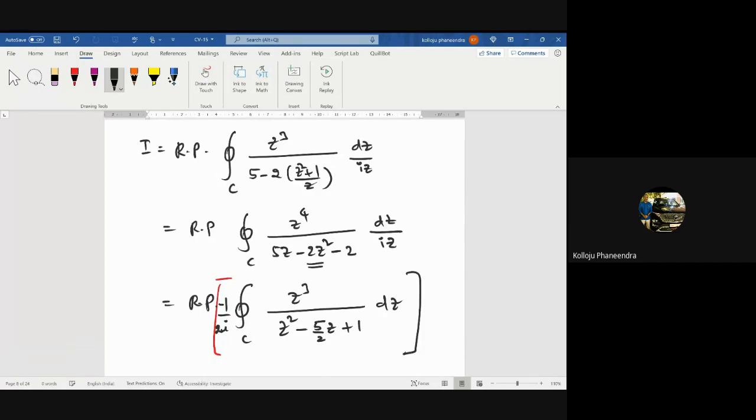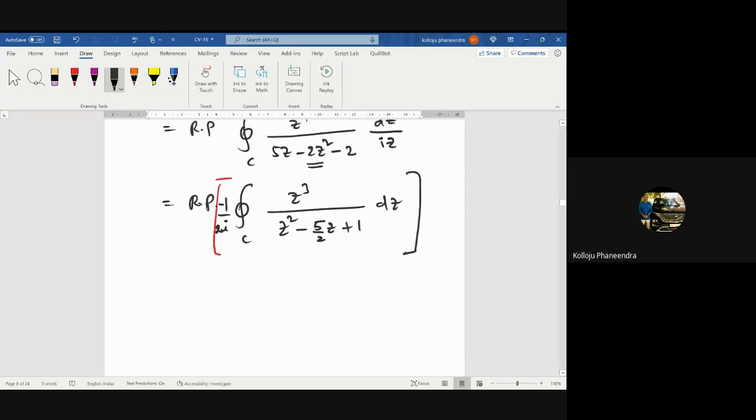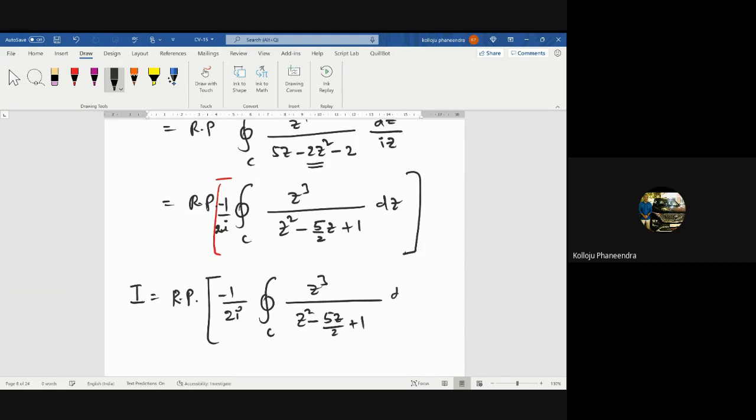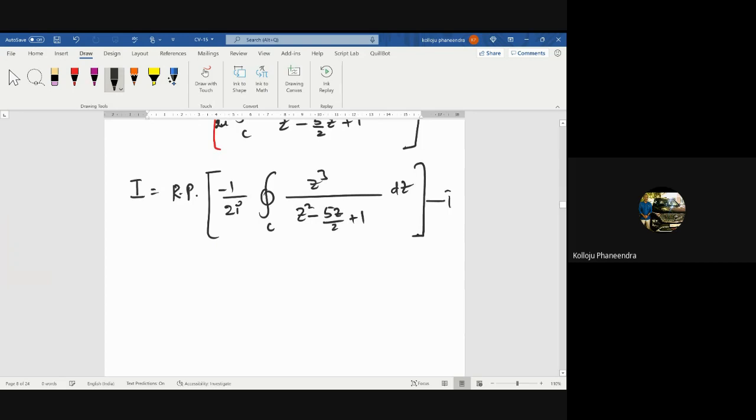Any corrections? Done? Okay. So I equals the real part of minus 1 by 2i integral over C of z cube by z square minus 5z by 2 plus 1 dz. This is equation 1.